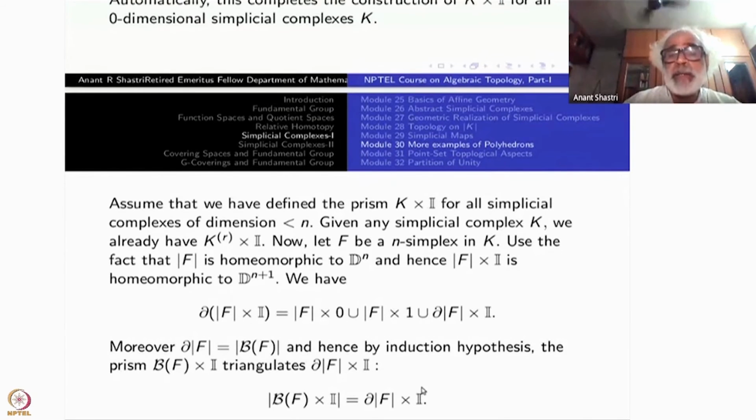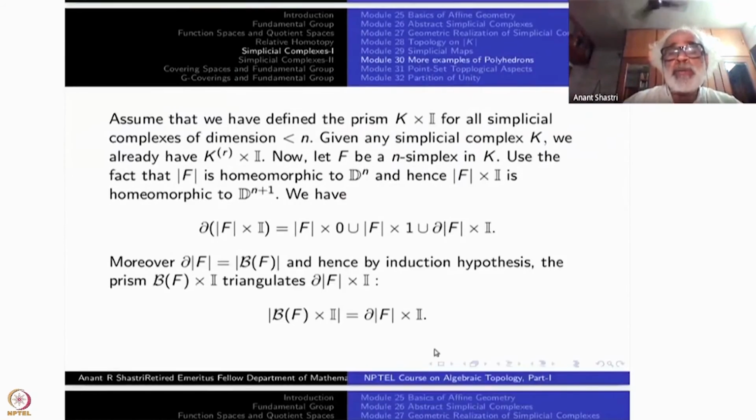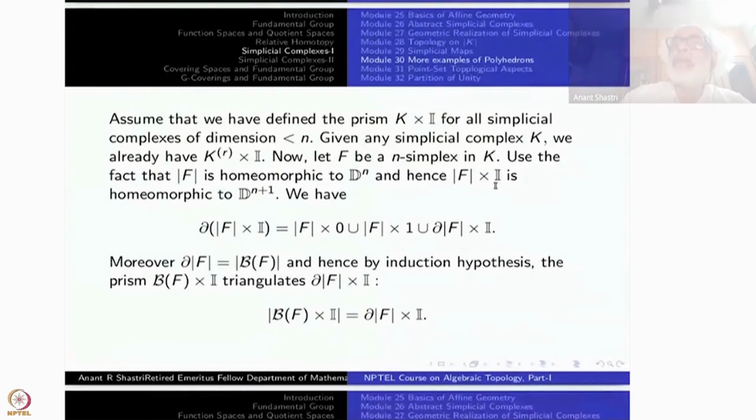This is by induction. Okay, so you should know that F is already homeomorphic to D n. So F cross I is homeomorphic to D n plus 1. Right? So D n plus 1 is a cone over its boundary S n. For all this we are using it here.